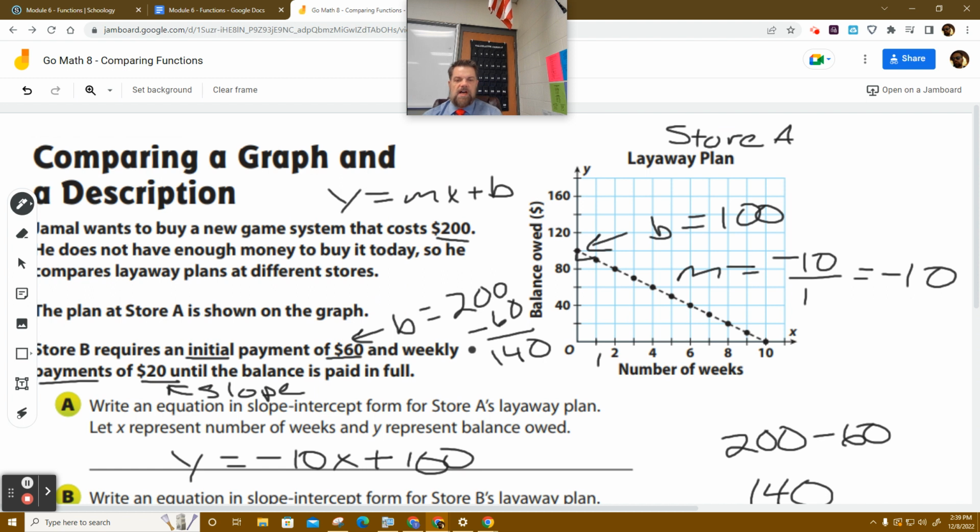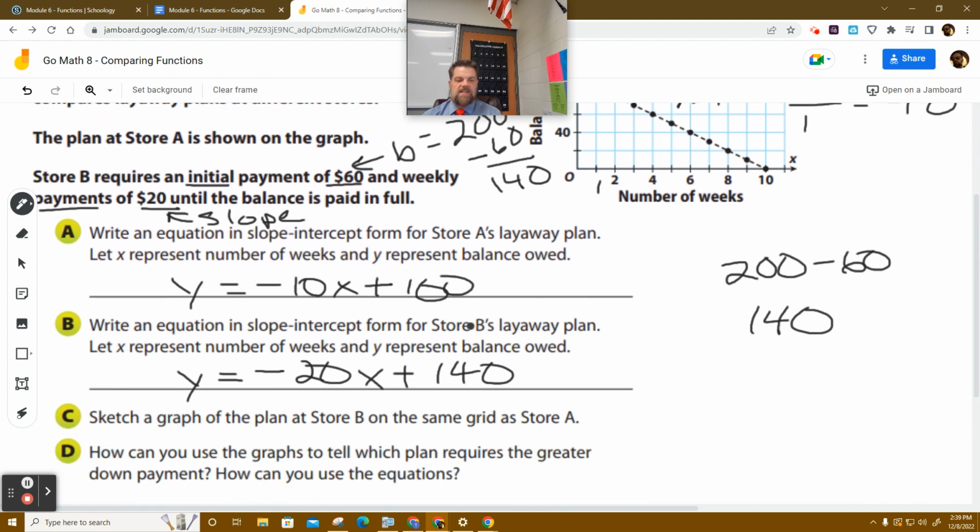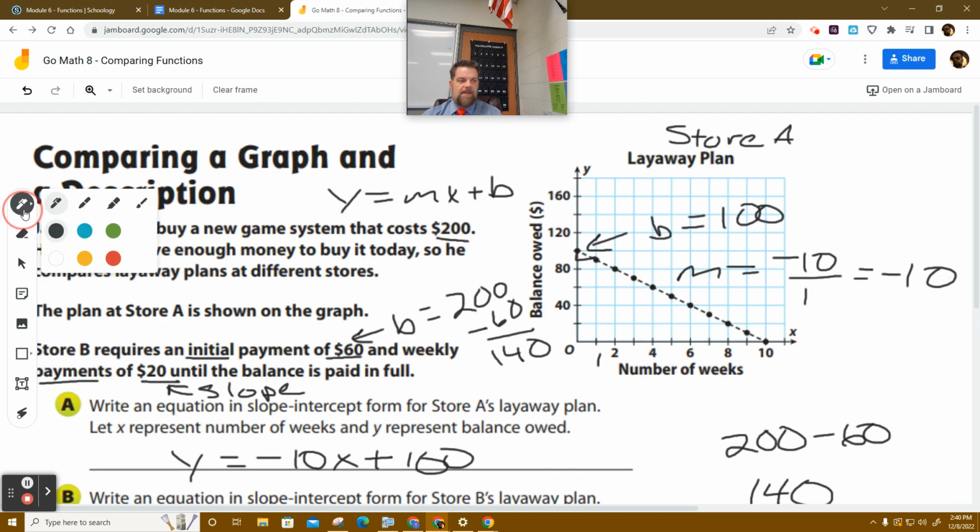Then we've got to sketch Store B. So it says sketch the graph for Store B on the same grid. So I'm going to do this in a different color, blue. So I start here at 140, and then because the slope is 20, I've got to go down 20 over 1, down 20 over 1, and keep going.